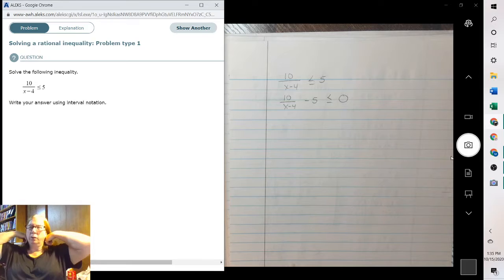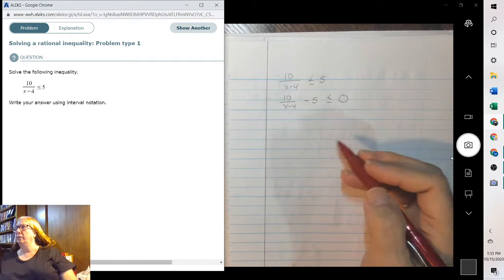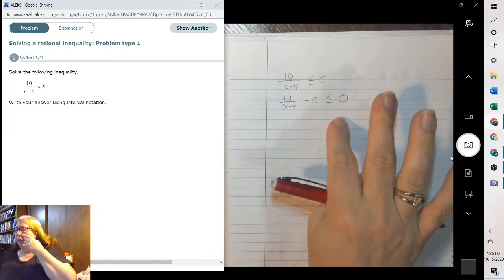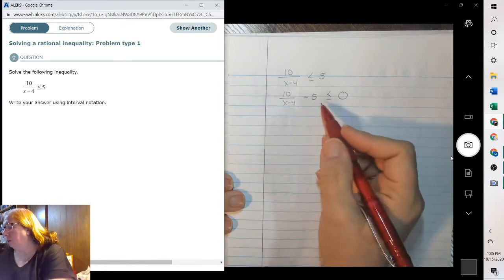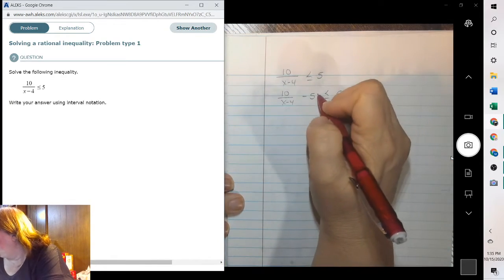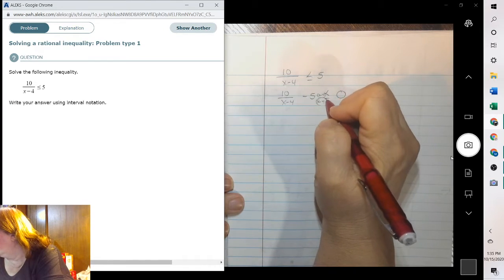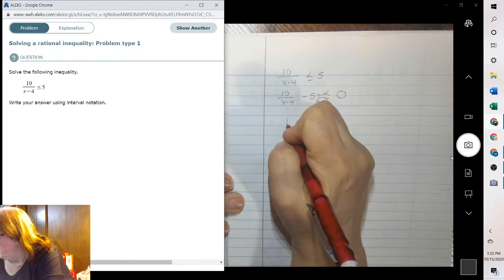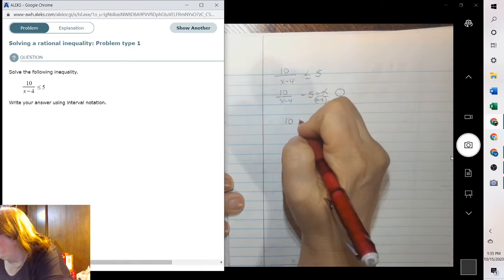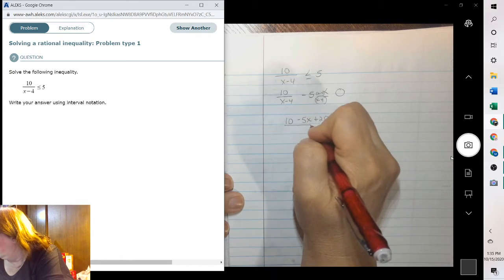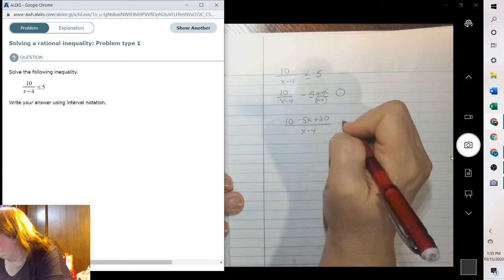The problem with the cross multiplying is if x ends up being negative, inequalities switch. So I would get it set equal to 0 and get a common denominator, which would be x minus 4 over x minus 4. So we have 10, distributing the 5, minus 5x plus 20 all over x minus 4.